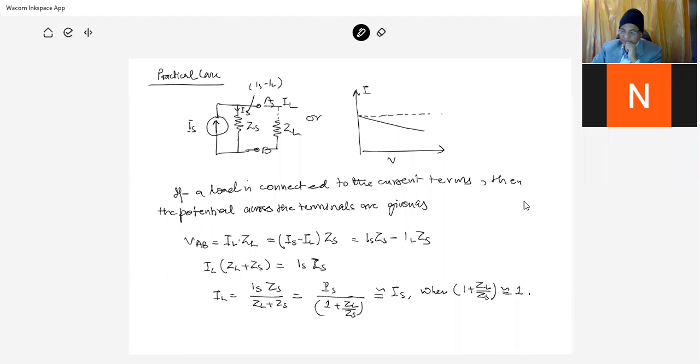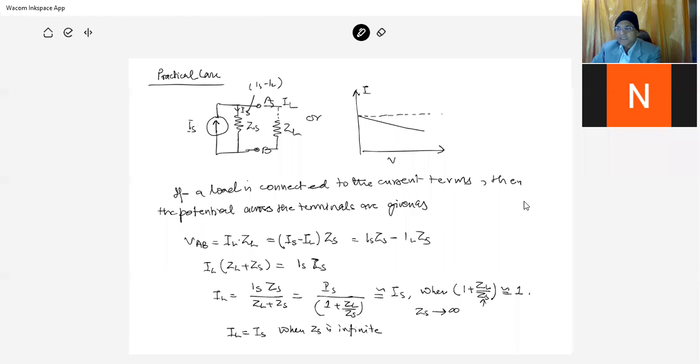This is possible when ZS tends to infinity. If ZS tends to infinity, then IL is equal to IS when ZS is infinity.